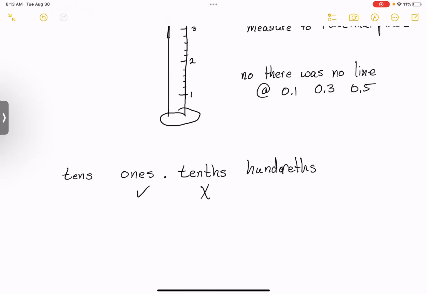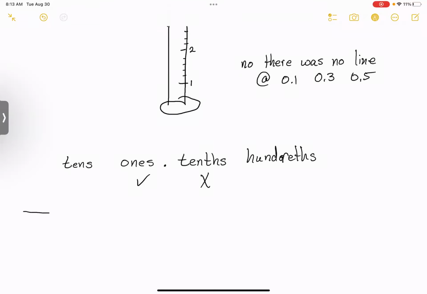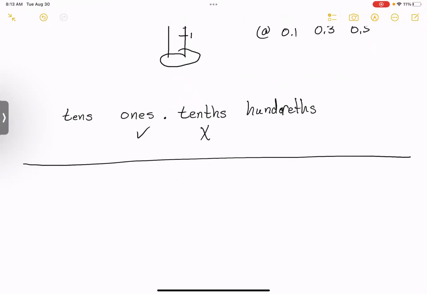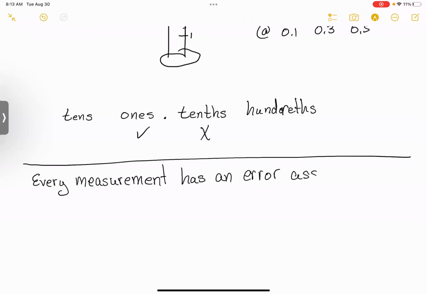Now, the next thing we need to talk about, though, is this uncertain digit. Every measurement has an error associated with it.